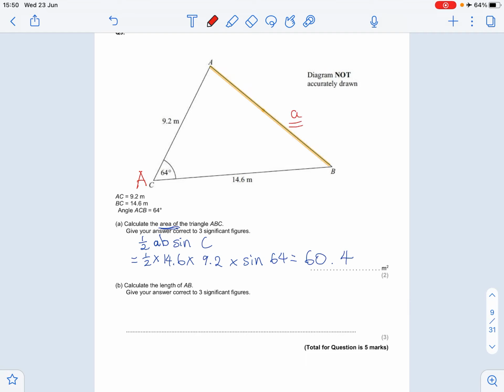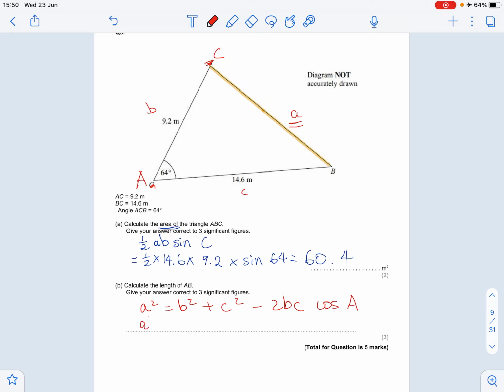You don't need to memorize the different formats. It's always a squared equals b squared plus c squared minus 2bc cos A. This is side b, and I'm just going to call this side c.